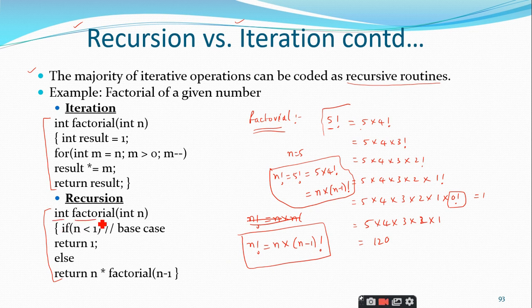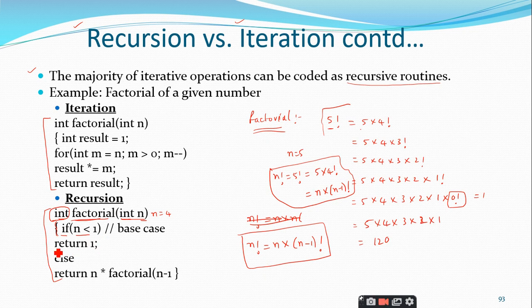So int factorial(int n): this int is the return type of the function, the name of the function is factorial, and it is accepting only one parameter, which is an integer value n. Now let me take an example, n is equal to 4. If n is equal to 4, it will enter into the body of the function. If n less than 1, that is 4 less than 1, the condition is false.